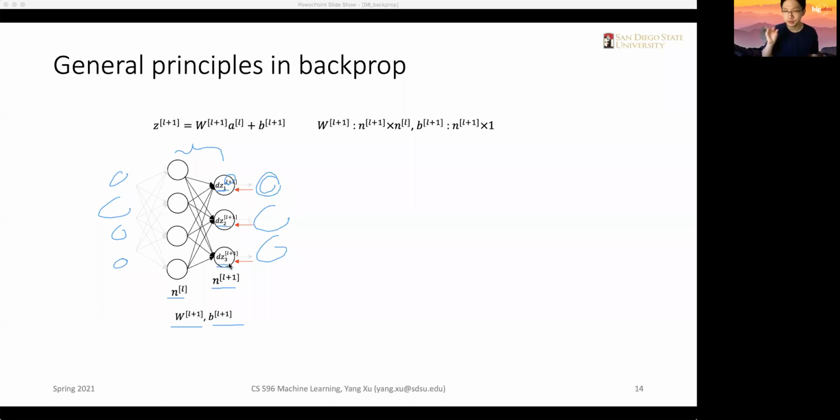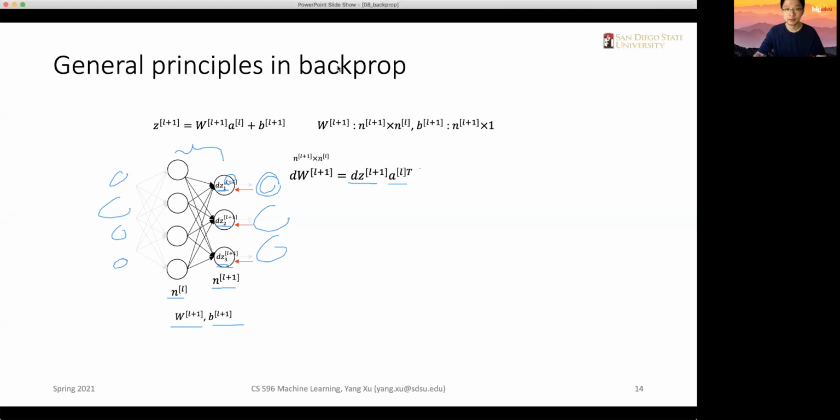We just immediately use them. We just use these DZs to compute the DW, DB, and the DAs for our current two layers. So first of all, DW is the DZ from the future layer times the activation from the previous layer, transposed.